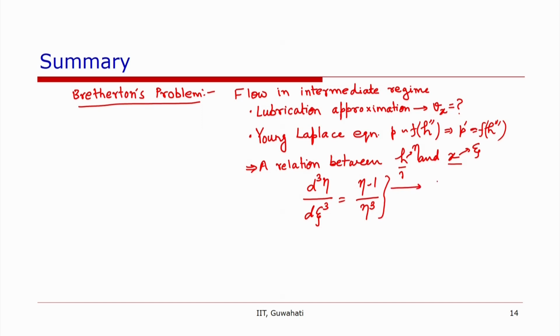One is where eta is large and eta minus 1 over eta cube can be approximated to 0, and this was approximated by a sphere. In the other region, near the film, where eta is about equal to 1, we had eta minus 1 over eta cube approximated as about eta minus 1.